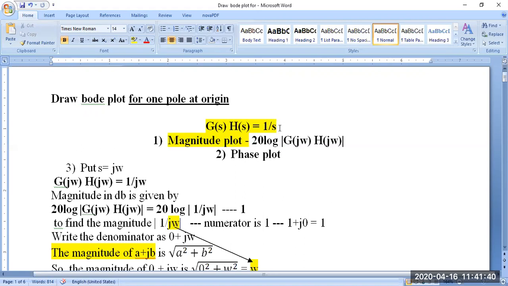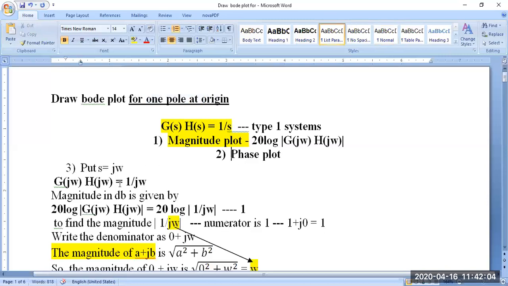Equate the denominator to 0, s equal to 0, which is a pole at origin. Now, since there is one pole at origin, such systems are also known as type 1 systems. Type 1 systems, because there is one pole at origin, right?